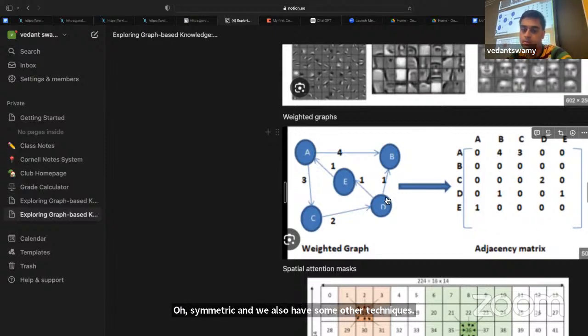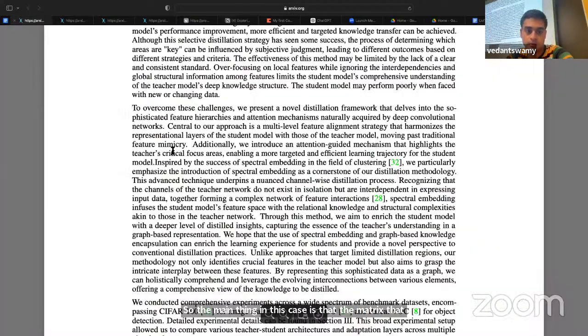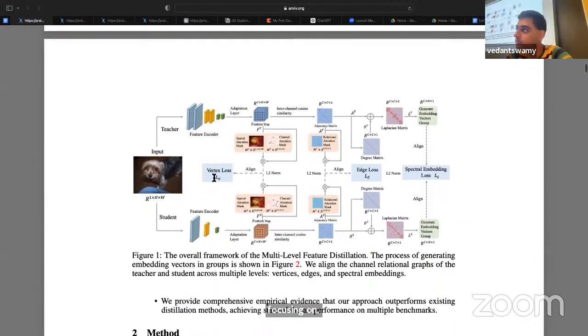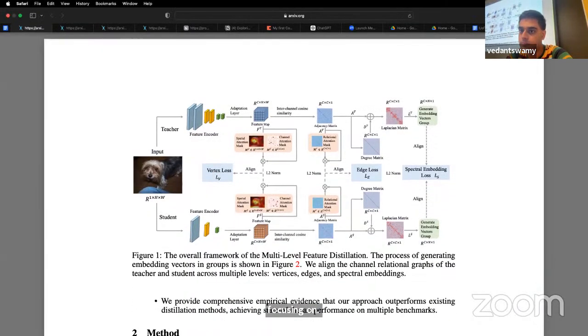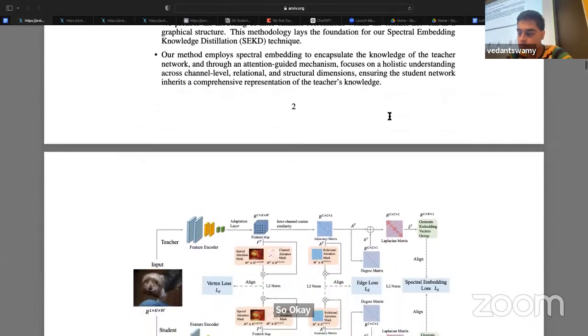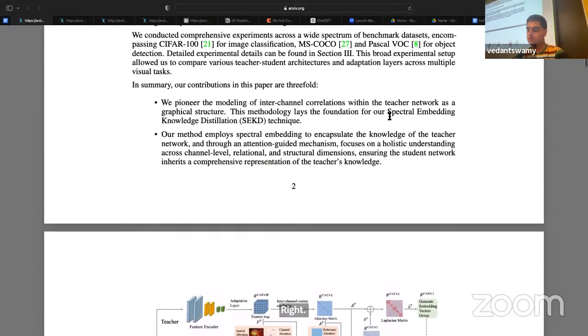Right, so the main thing in this case is that the matrix we're using is symmetric. That's something we'd be focusing on. Also, it's still much cheaper than making a very large model.